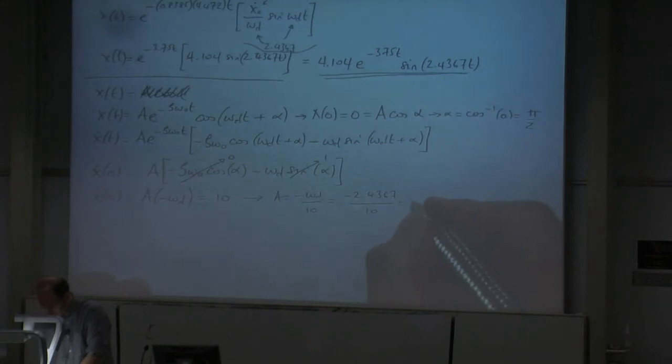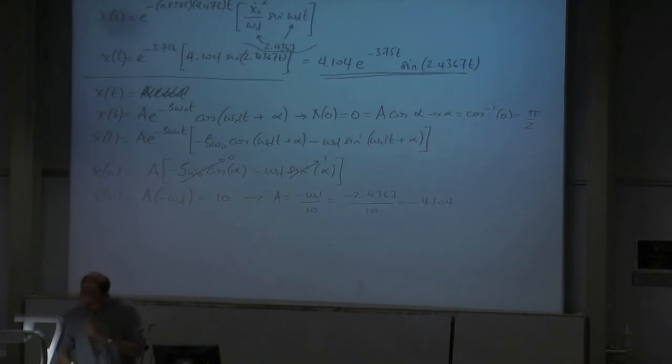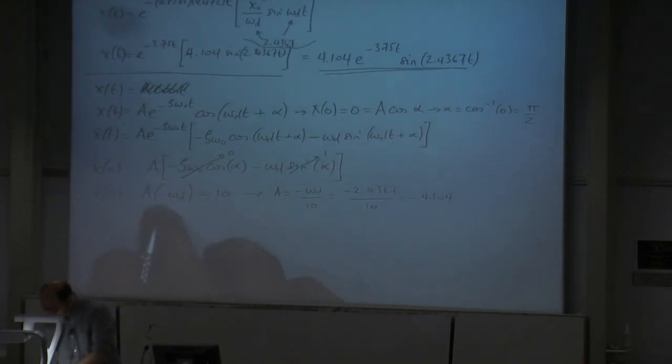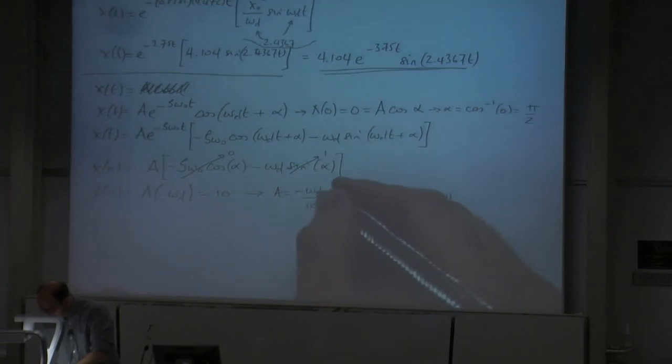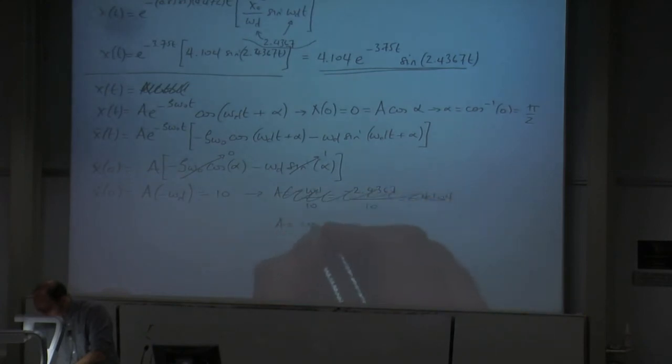So that comes out to be minus 4.104. That's the other way up, sorry. Apologies, guys. A is 10 divided by minus omega d, which is 10 divided by minus 2.4367. It's going to be minus 4.104.